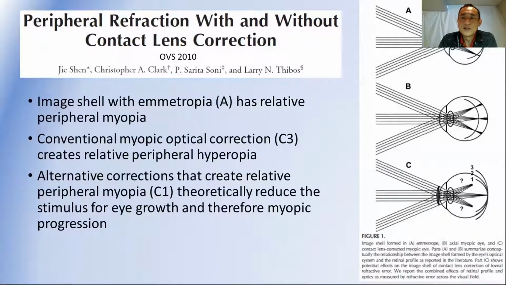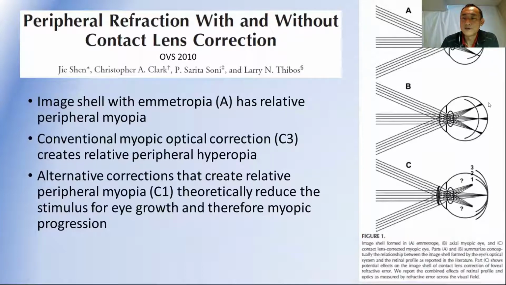And currently the theory behind myopia control is this concept of the image shell. Emmetropes have a type of image shell where if the center of the retina or the center of the image is in focus on the retina, in the periphery of the eye, the image is actually focused on or in front of the retina. And for emmetropes, that keeps their eyes emmetropic.